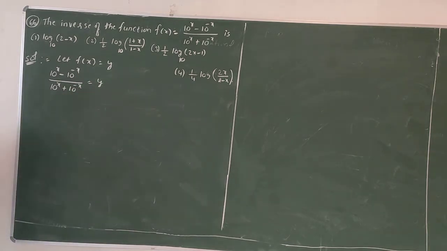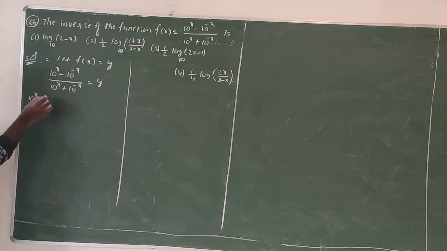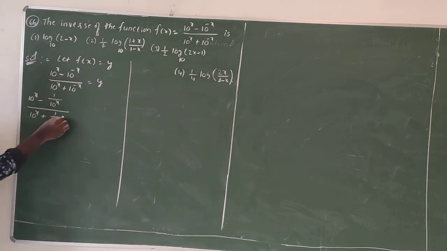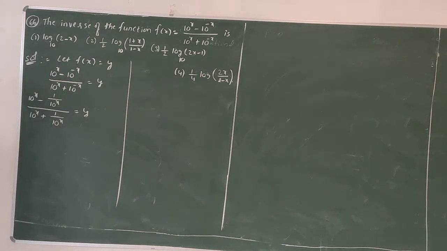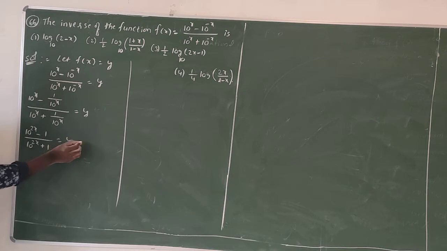If you simplify this, 10 power x minus 10 power minus x can be written as 10 power x minus 1 by 10 power x, over 10 power x plus 1 by 10 power x, equals y. Now simplify this, 10 power 2x minus 1 by 10 power 2x plus 1, both LCMs get cancelled.